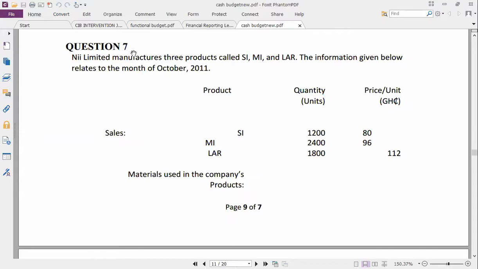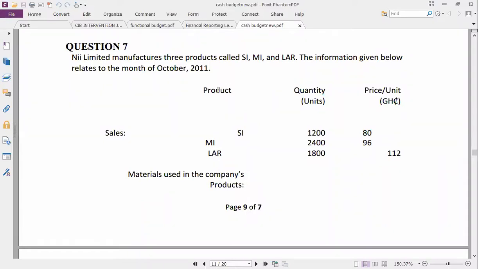That's the product. Okay, so Ni Limited manufactured 3 products called SI, MI, and LA. The information given below relates to the month of October. So these are the sales units. In fact, forgive me, the arrangement has scattered a little, but these are the products.